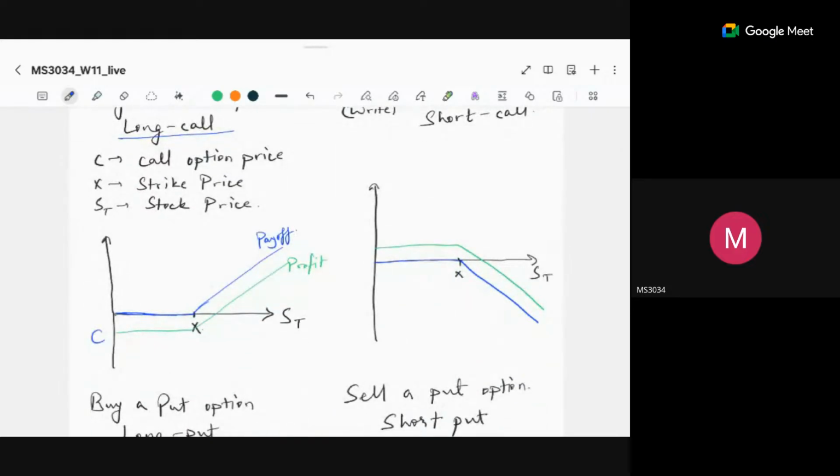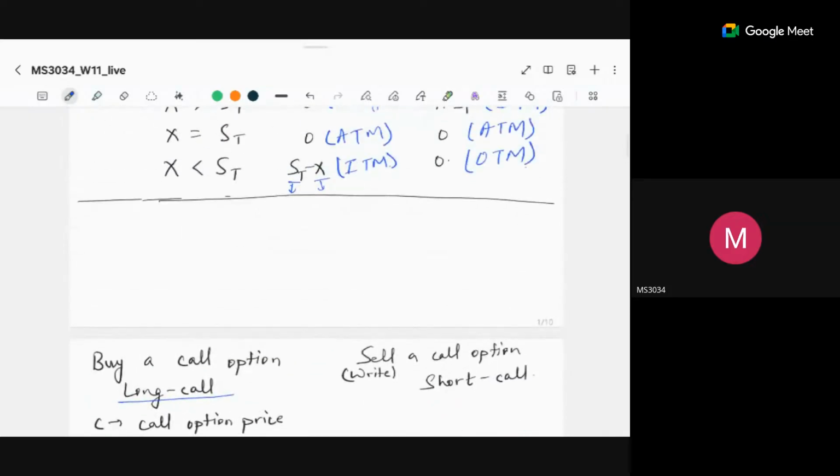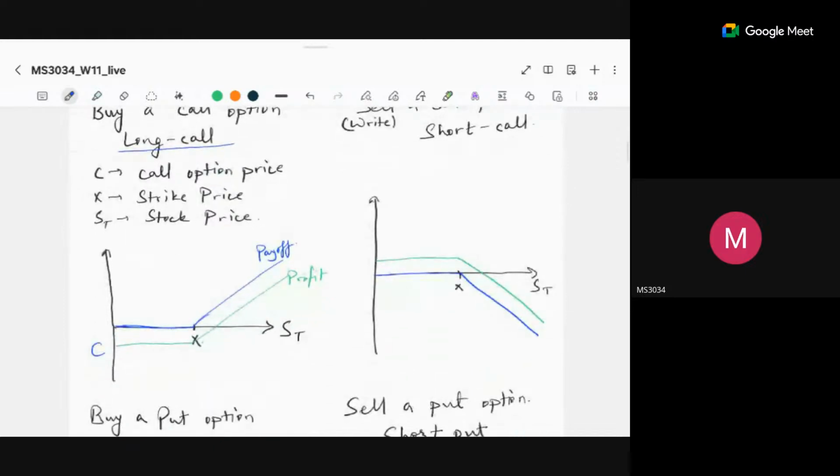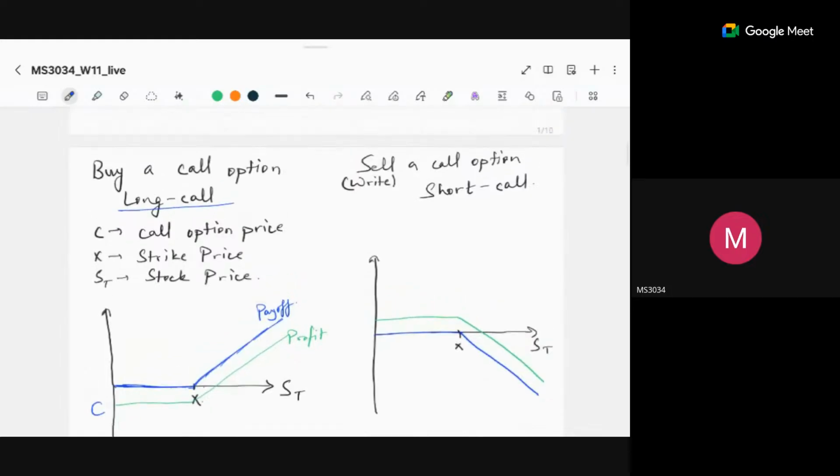If my stock price is more than X, then my payoff is ST minus X. That means it is a linear function of ST, a positive linear function. So in that case my payoff is this curve. And if ST is less than or equal to X, then my payoff is 0. So this blue line is my payoff.